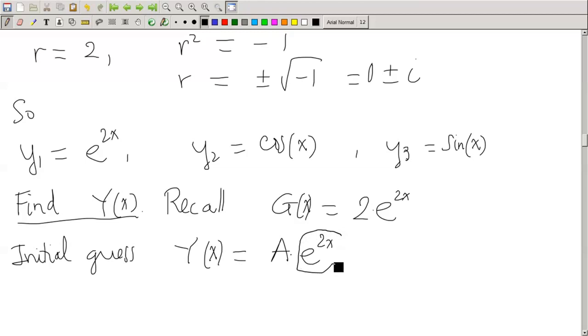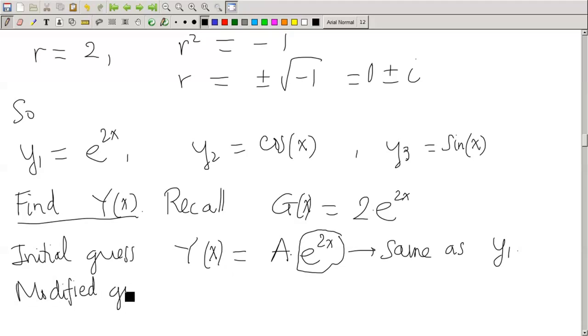If you look at this, it is the same as y1. So we need to modify by multiplying by x. We have a x e to the 2x.